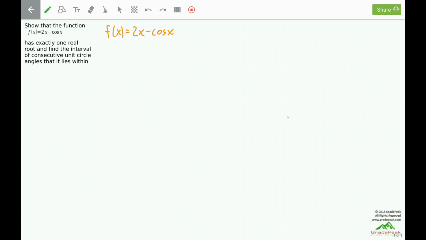We do not know yet what the closed interval that contains the root is, but 2x is a polynomial, and we have this combined together with a cosine function, both of which are continuous on any interval, so the combination of the two will also be continuous on any interval, which means it will be continuous on the closed interval that contains the root, and therefore the condition is met for the intermediate value theorem to apply.